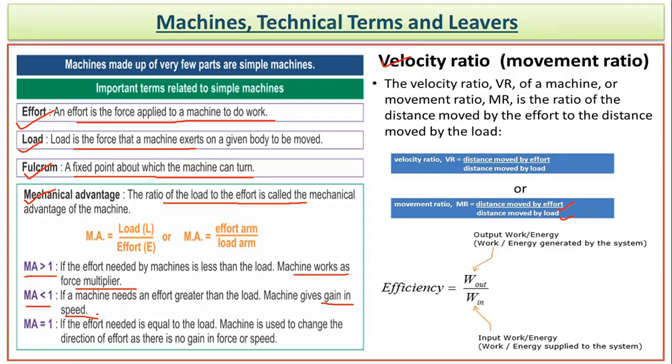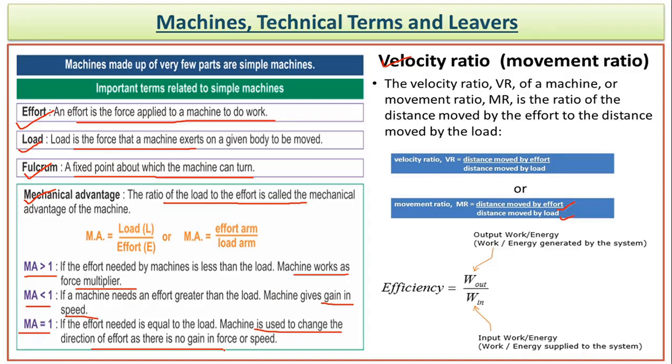And if the mechanical advantage and the velocity ratio become equal, then that kind of machine is only used to change the direction of the effort applied. Hence, you can say that there is no gain or loss of force or speed, just the direction of the applied force gets changed.